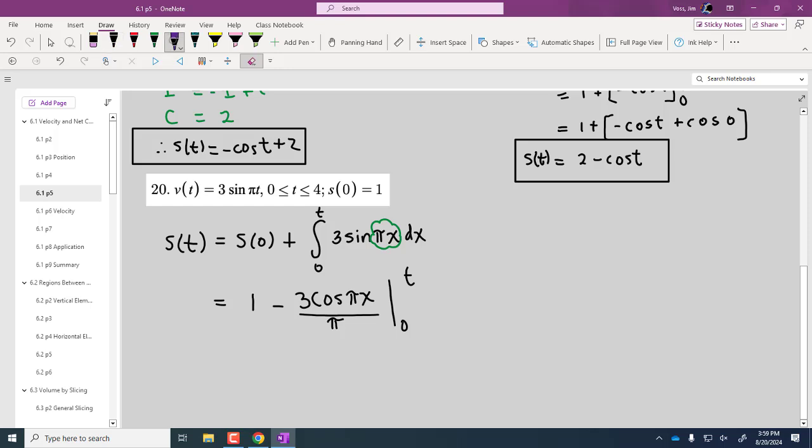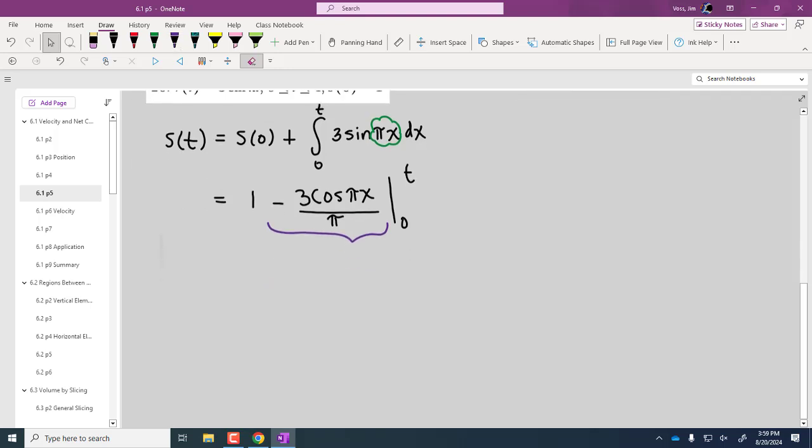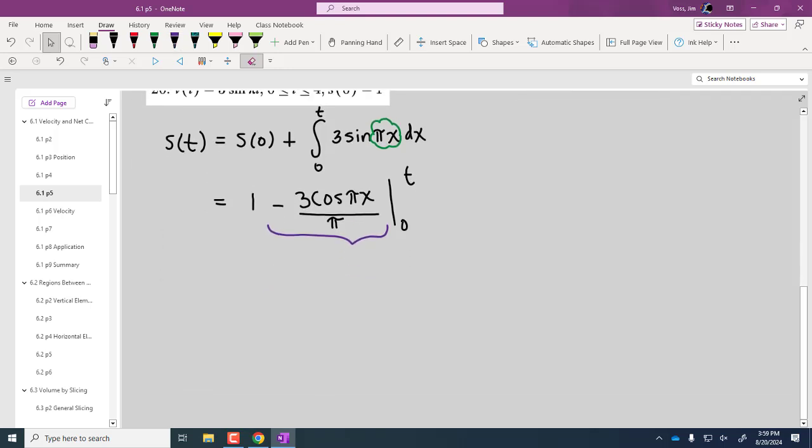Just to be clear, this part right here is the antiderivative part. The t and the 0 have nothing to do with this 1 over here. That 1 is not part of the antiderivative. Maybe it's more helpful to do this kind of thing and block this off.